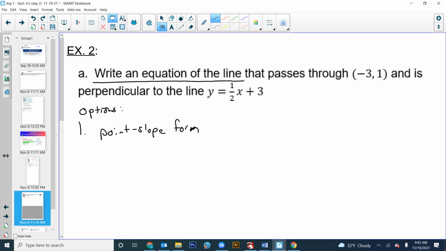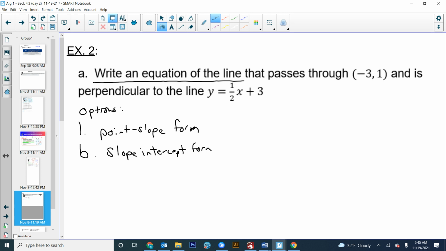Option B is called slope intercept form. When is that one nice? When you have the slope and the y-intercept. Say we want a line perpendicular to this line through the point -3, 1.